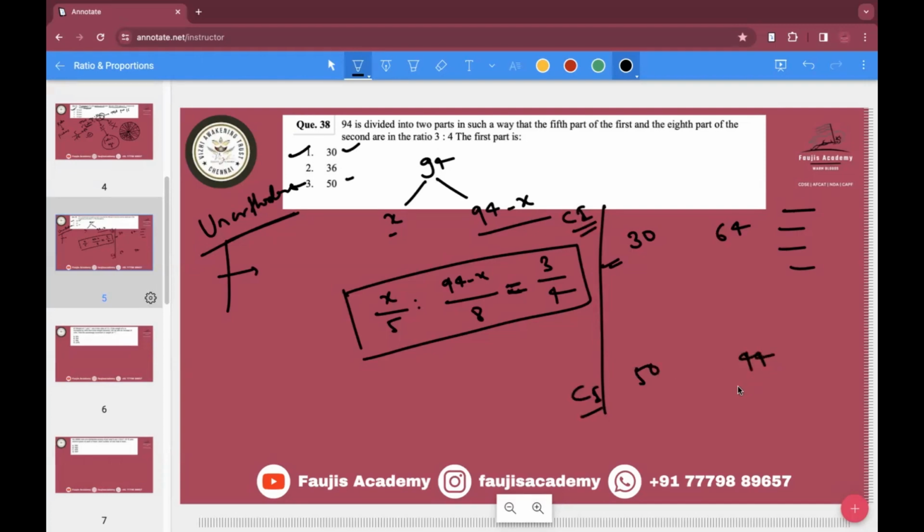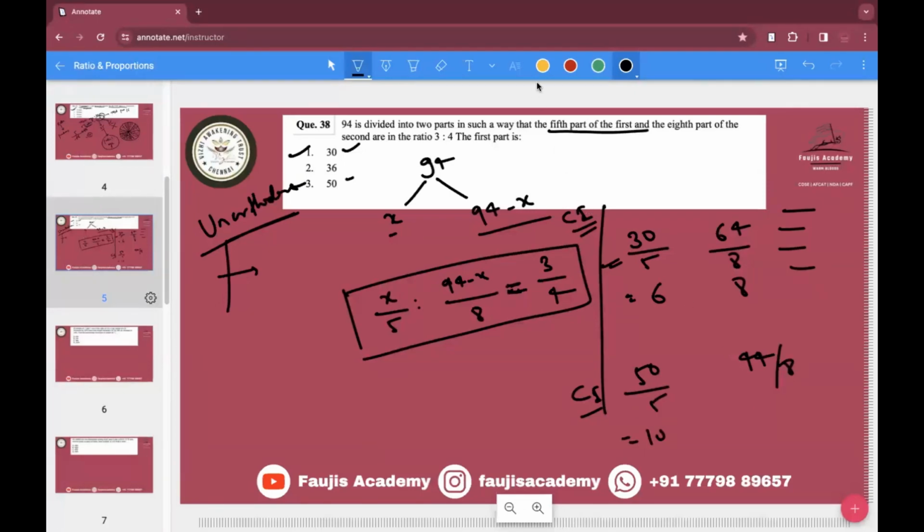And what they are saying, the fifth part of the first. What is the fifth part of the first? Fifth part of the first is this much. Good morning, Ritik. And the eighth part of the second is this much. It's 6, and this is 8. Can you find the fifth part of it? This is 10. Can you find the eighth part of it?